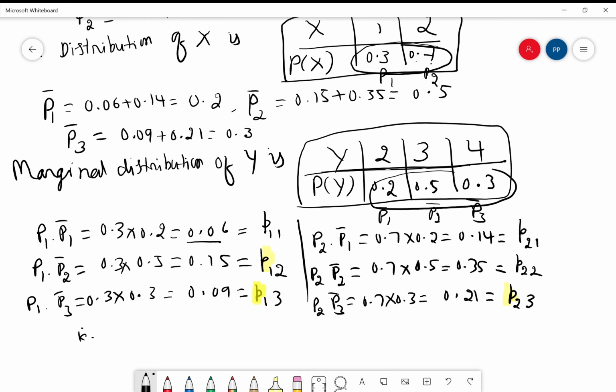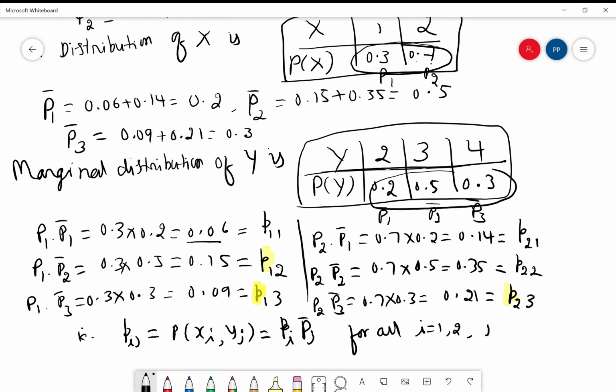That means p suffix ij, the same as the probability of xi comma yj, is equal to pi into pj bar for all values of i. Here i takes only two values, and for all values of j, j takes three values.